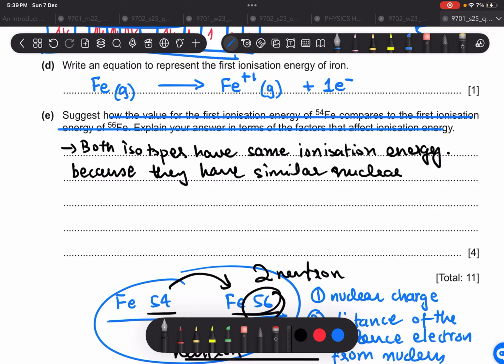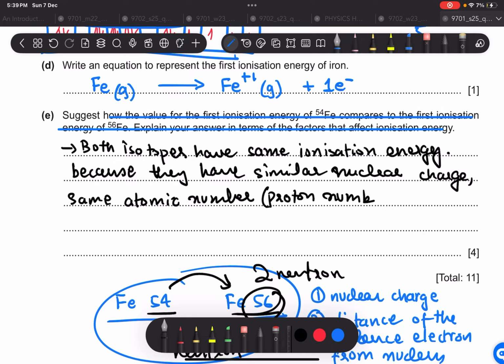You're going to tell them that they have similar nuclear charge, which means the same atomic number, or you can say the proton number, which is going to be 26 in both cases.